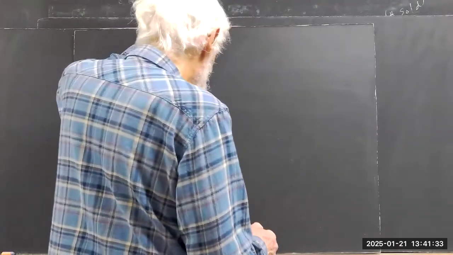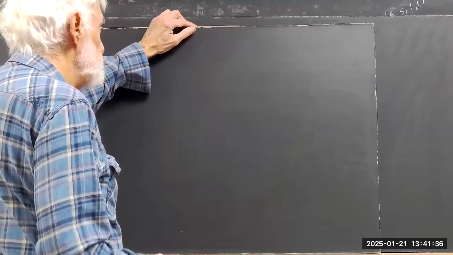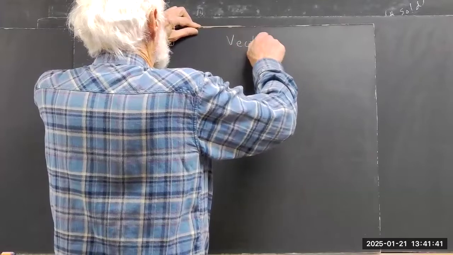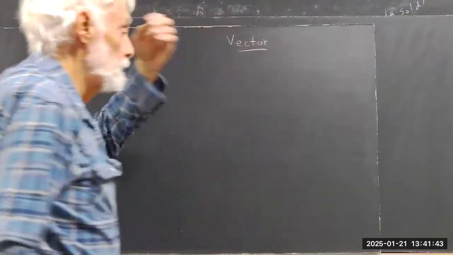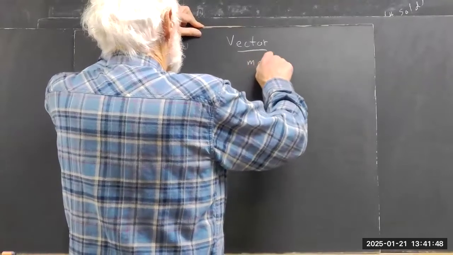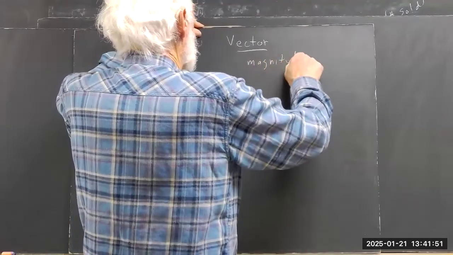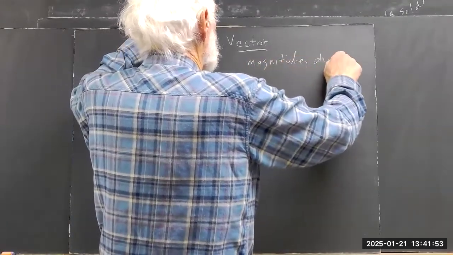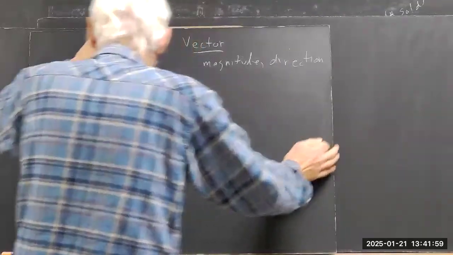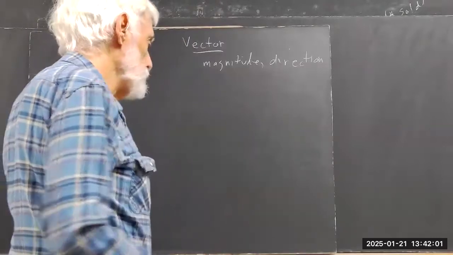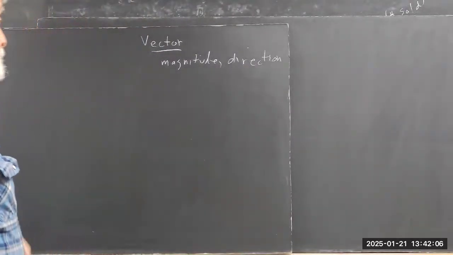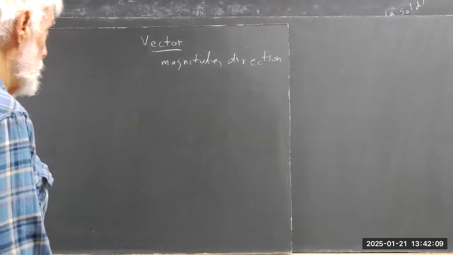So what we assume from pre-calculus, and I'm just going to be very brief. A vector is anything that has a magnitude and a direction. Now, officially, the magnitude is a scalar. For our purposes, it's just a number. But that's it.